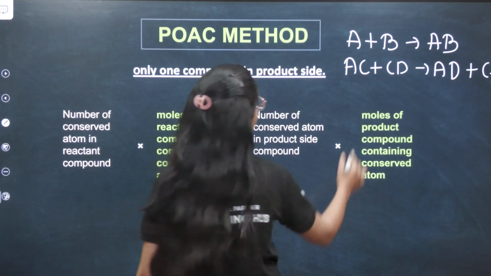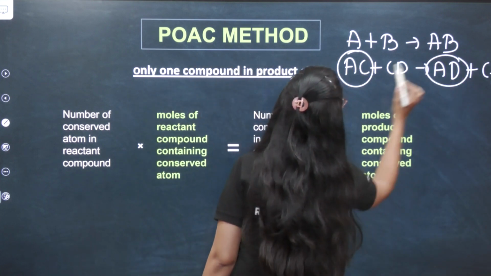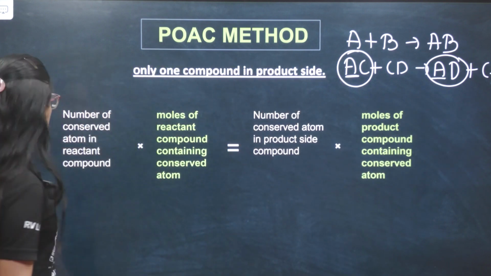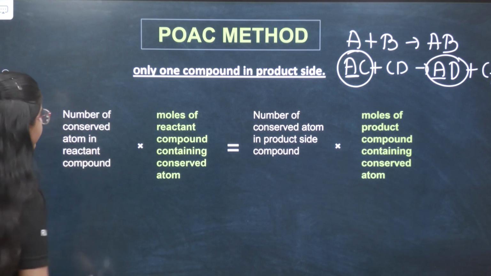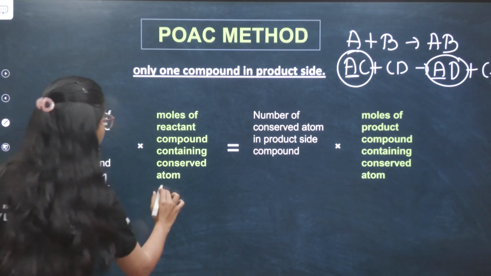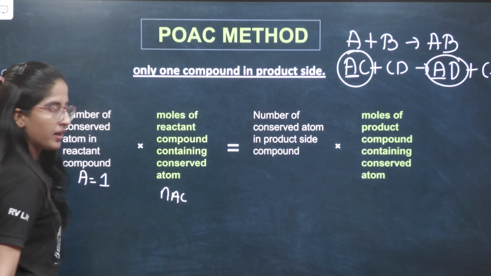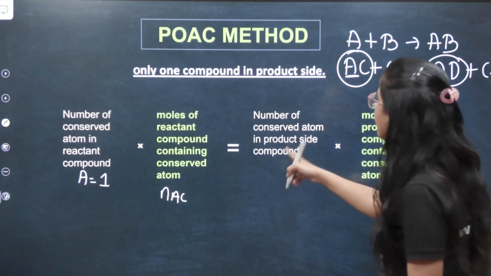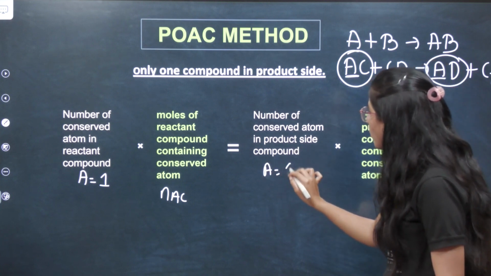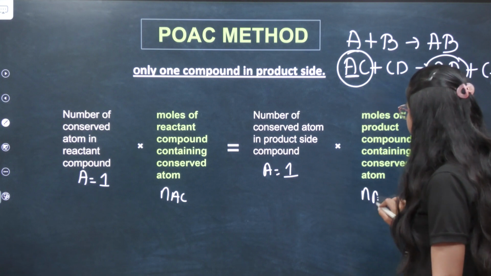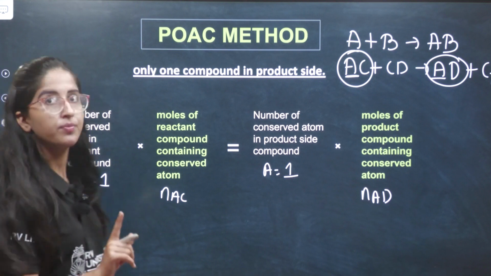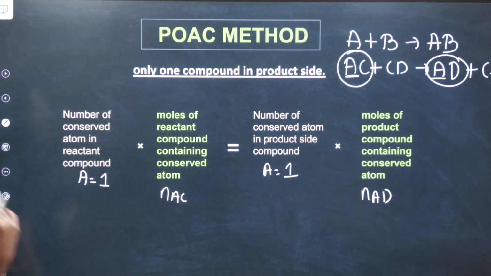See here, if you take AC and AD, the number of A atoms in AC will be equal to the number of A atoms in AD. So simply, the number of atoms conserved in the reactant compound, that is A, which is 1, times the number of moles of AC, equals the number of conserved atoms in the product compound, which is also 1, times the number of moles of AD. Understood? Is it clear?